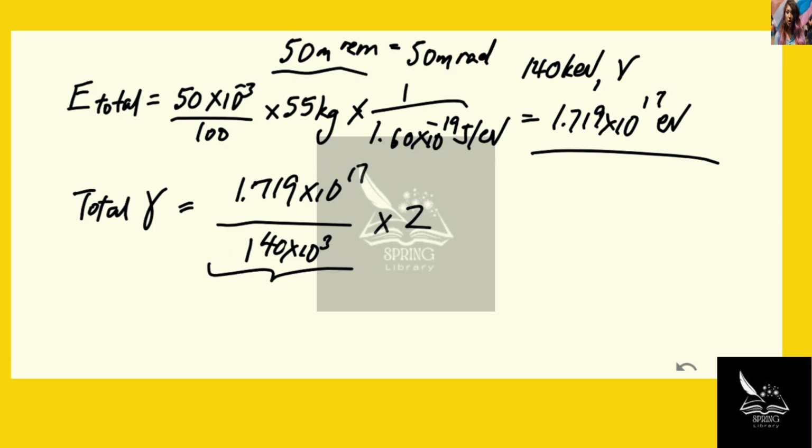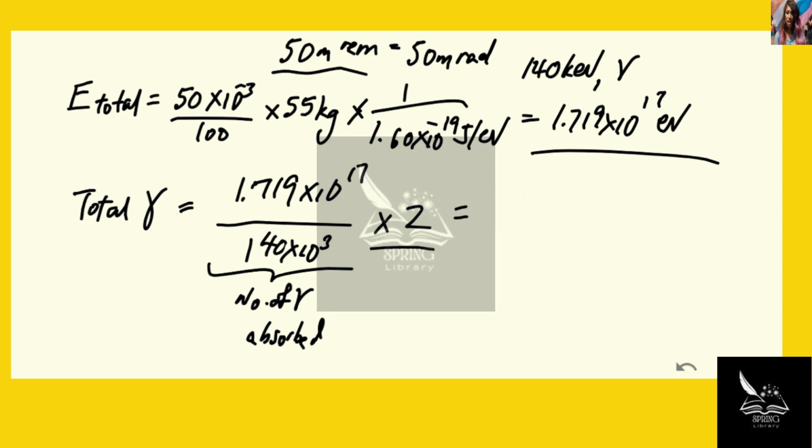Because this is the number of gamma absorbed, but we are given that only half of the total gamma rays will be absorbed. So multiplying by 2, we get the total gamma rays emitted by the sample.